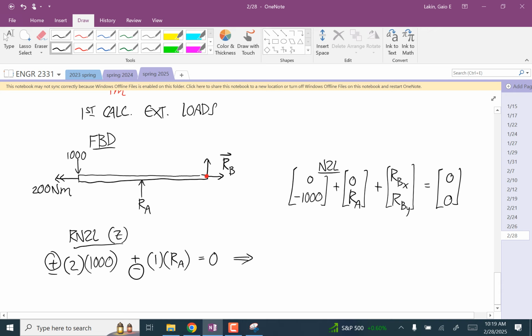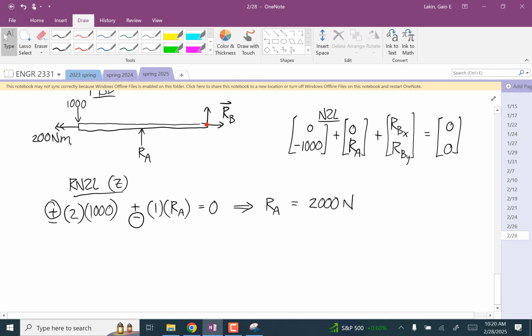And so this tells us that RA is equal to 2,000. And then that tells us that RB vector is equal to 0 for x, and RB is negative 1,000.